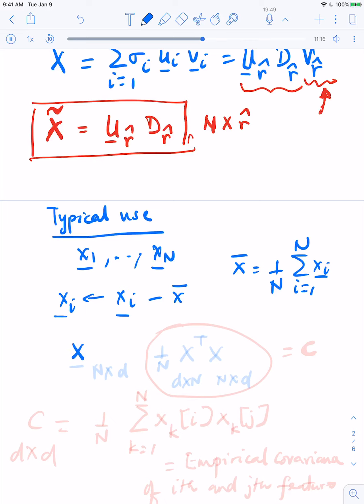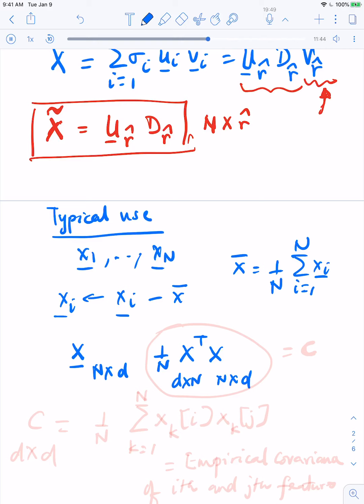If I look at X, the data matrix, remember I've de-meaned it. It's n cross d. If I look at X transpose X, that's going to be d cross n cross d. And if I put a 1 over n here, there's sort of an averaging interpretation.